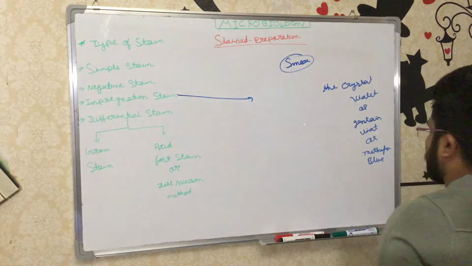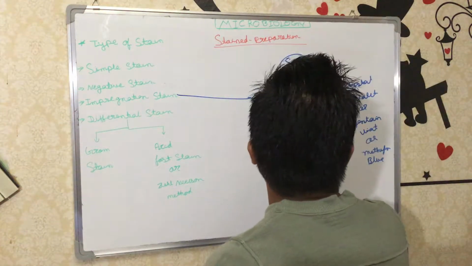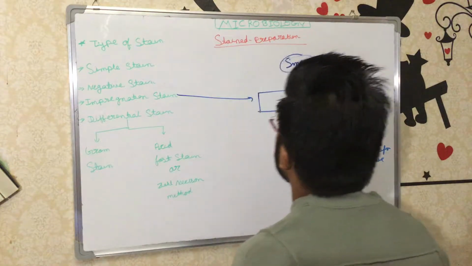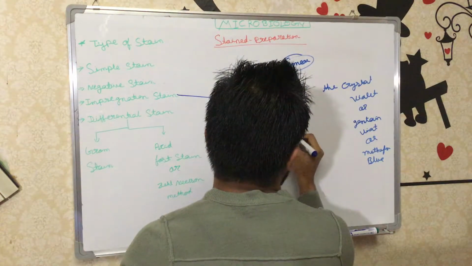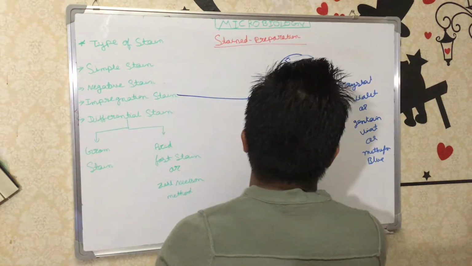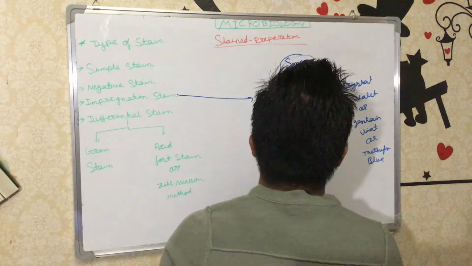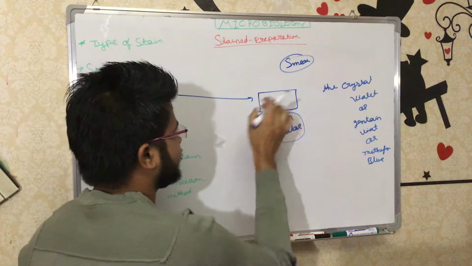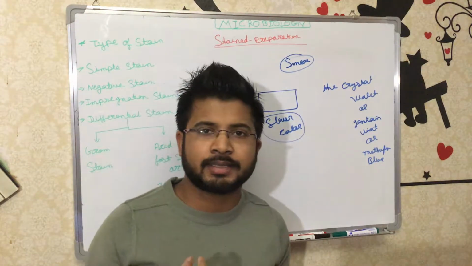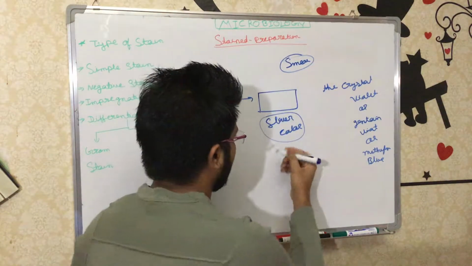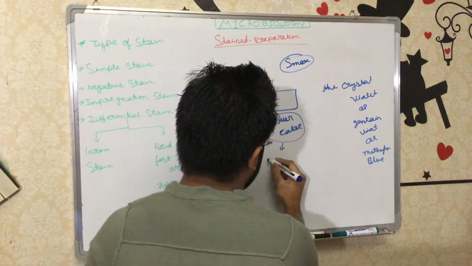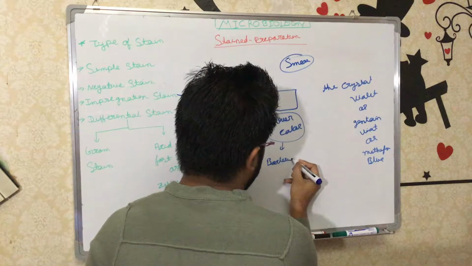In this stain, we just take the slide and use silver color. What is the role of the silver color? Whenever we put the silver color on the slide, that bacteria becomes thick. So with the help of the silver color, we can say the bacteria is thick.